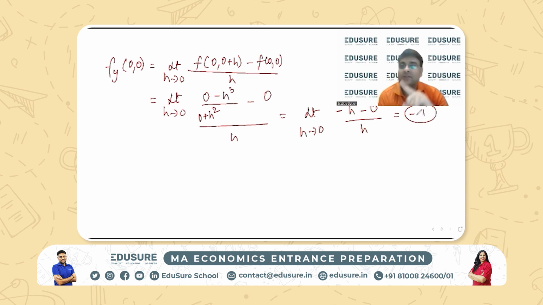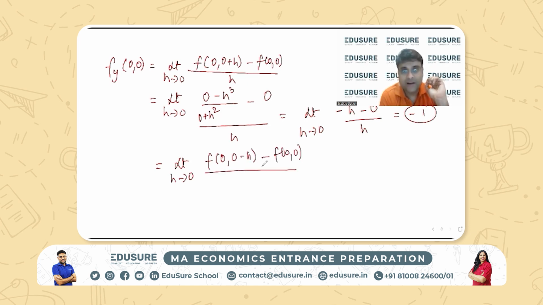Now ये -1 है. Now for differentiability, the left hand limit should also be the same. Left hand derivative क्या होता है? 0 minus h. Left hand derivative, sorry, ये होगा, क्या होगा? 0 minus of minus h cube, which will give me plus h cube.